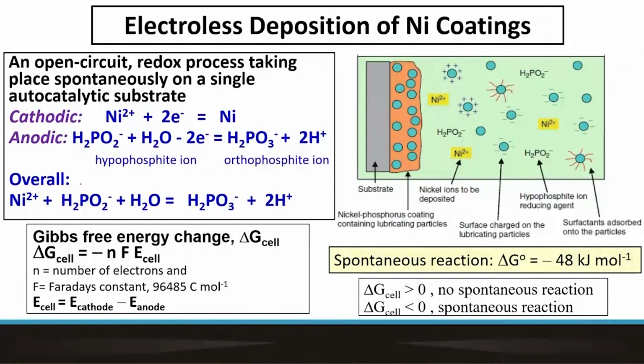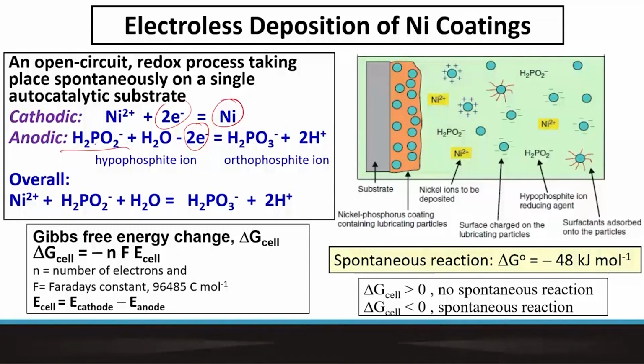So then what happens? Typically at the cathodic site, this is the deposition process we are talking about. So we have nickel ions in the solution, and there is a reductive process involved, and this reduction reaction is possible because we actually provide this reducing agent coming as these orthophosphite ions, hypophosphite ions.